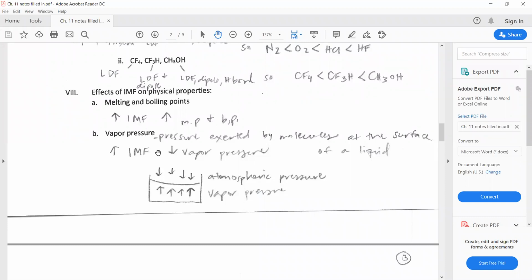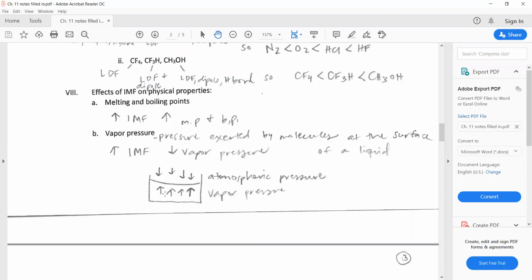Vapor pressure is the pressure exerted at the top of a liquid. These molecules are pushing up with some exertion. That's called vapor pressure. If you take liquids at a given temperature and compare them, you're going to notice that if a liquid has high intermolecular forces and they like each other a lot, they are going to exert very little vapor pressure.